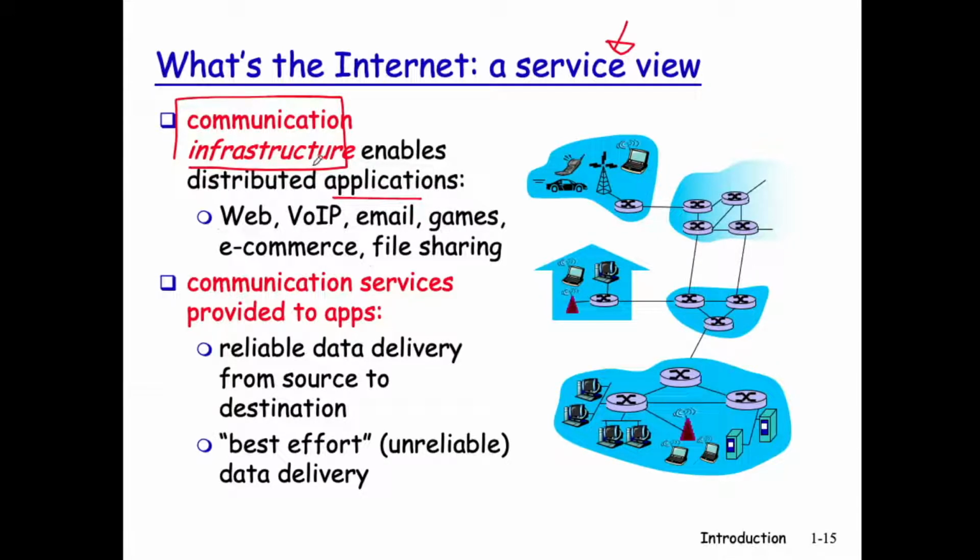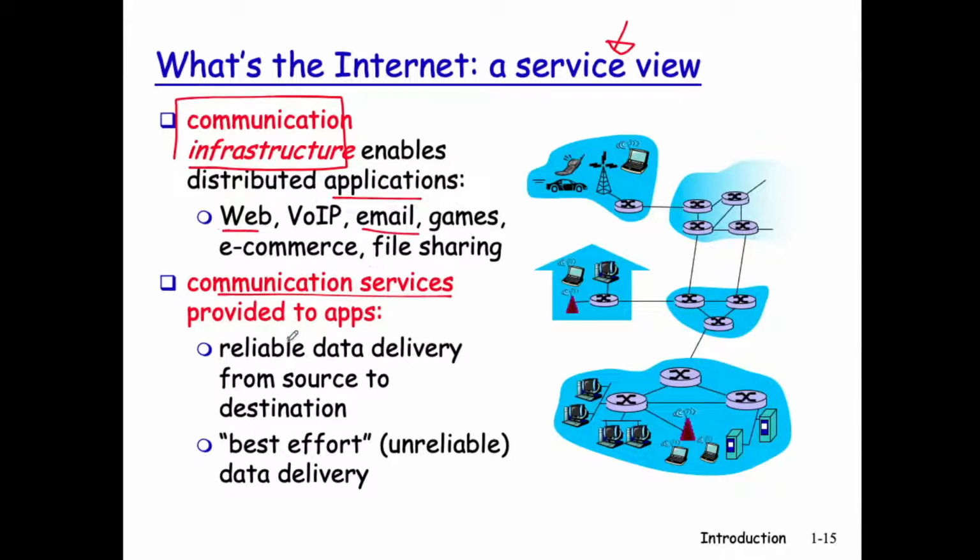But the communication infrastructure on its own will not allow us to send data that freely, so that we could do surfing and send emails to each other. Between the apps and the infrastructure, we still have a number of communication services defined by these protocols, running on each of the devices and in these routers. So there's a software component, a service component, there as well.